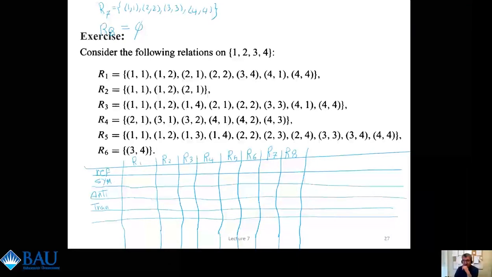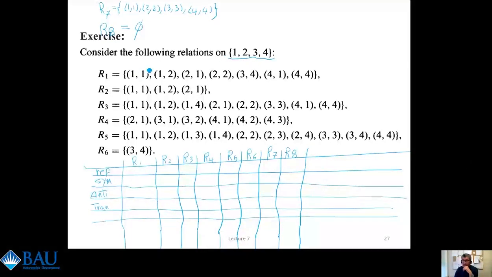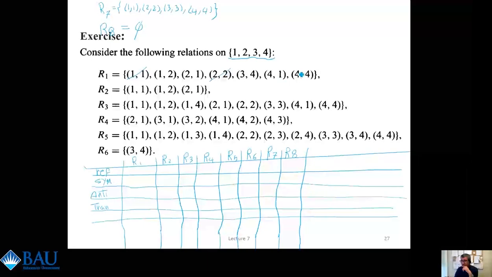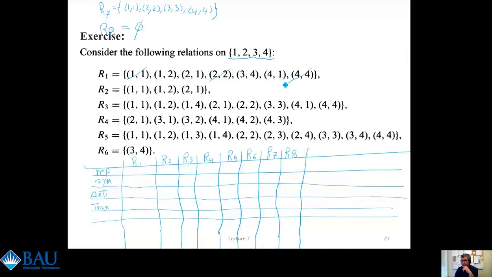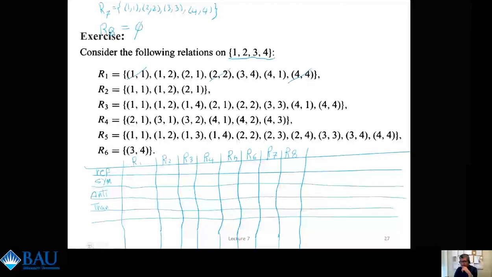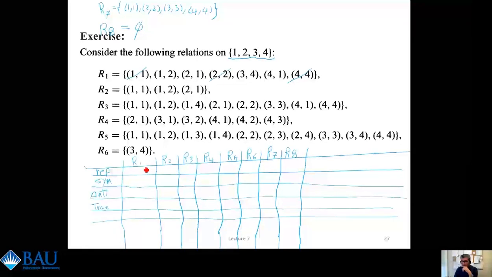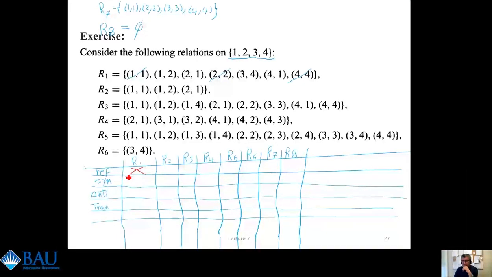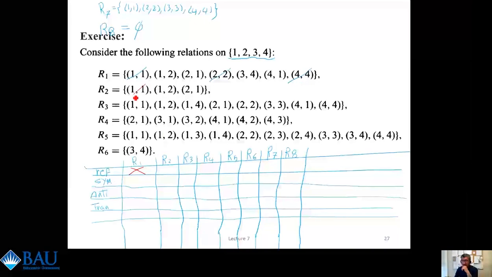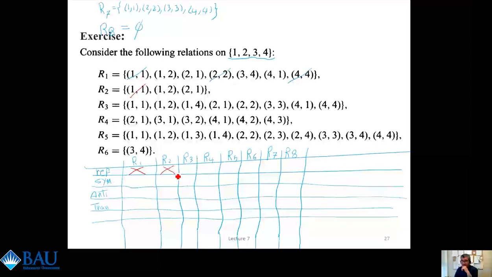Okay, start from the reflexive. Which one is reflexive? To talk about the reflexive, we need 1,1, 2,2, 3,3, 4,4, because this is set A. Look at R1: 1,1, 2,2, 4,4. Do we have 3,3? No, so R1 is not reflexive. Now check R2. We have 1,1, but we do not have 2,2 and 3,3, so R2 also is not reflexive.